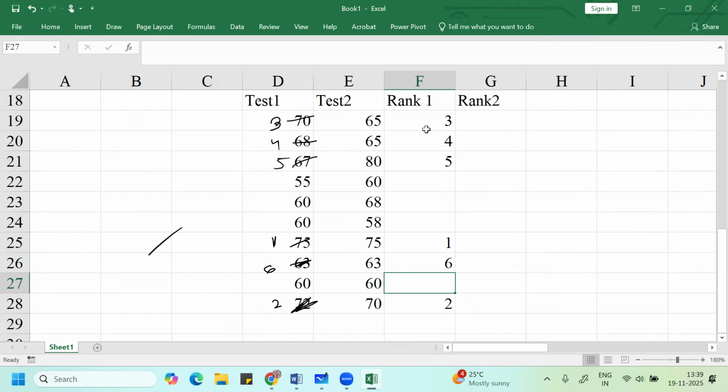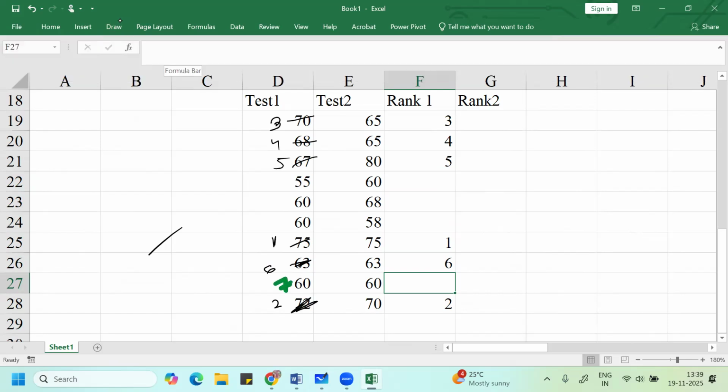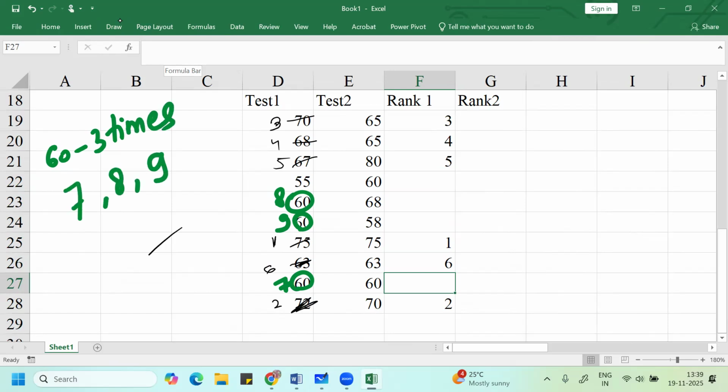Then I have 60. 60 appears three times, so there's a tie between rank 7, rank 8, and rank 9.